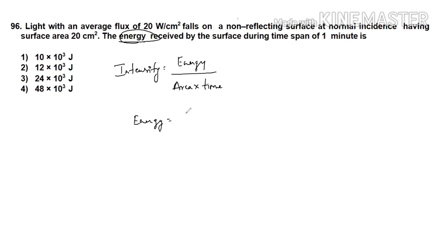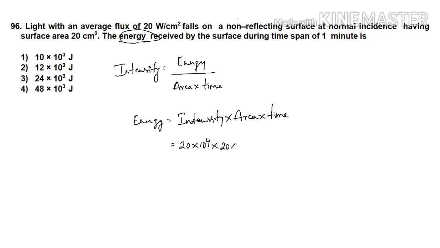So energy is equal to intensity into area into time. The intensity they have given as 20 Weber per centimeter square. So it is 10 raised to 4, because centimeter square in the denominator, that minus 4 will come to the numerator as plus 4.